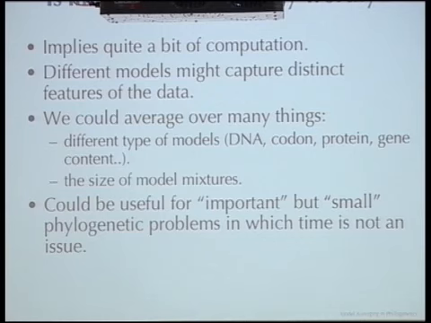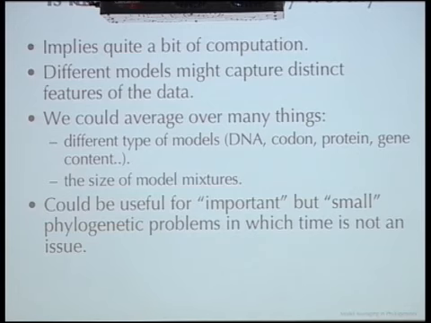You can just average over whatever you want, right? You can even estimate your tree with a codon model and then your tree with DNA using the DNA information, and then you can average over that. That's a possibility, right? Or if you're working with proteins, you can use an empirical model or a mechanistic model, and then you can average over that. So the point is that you don't need to rely on a single model.